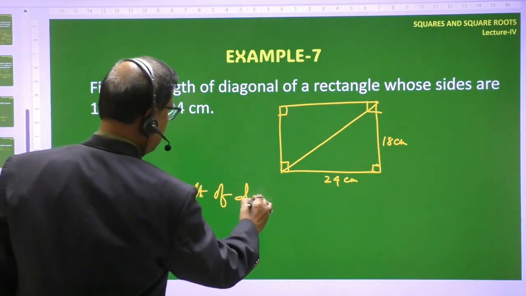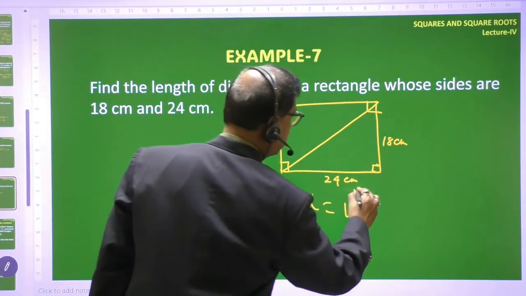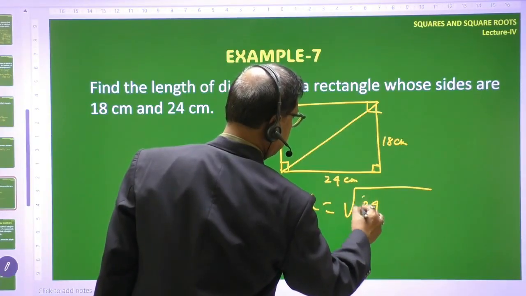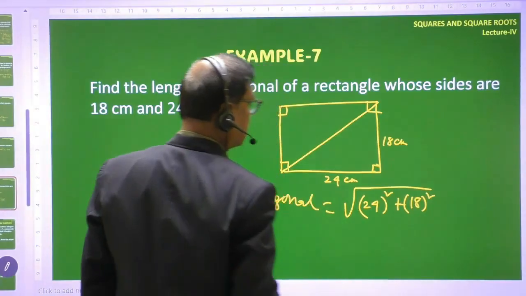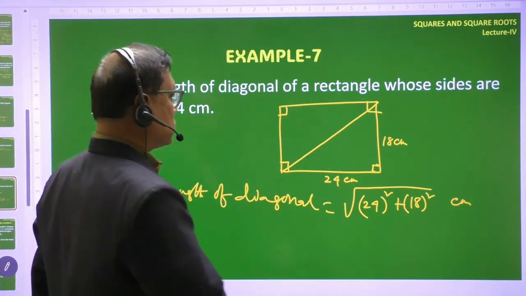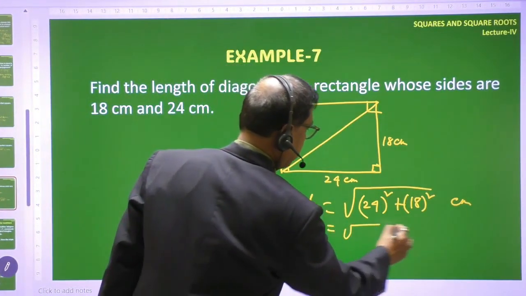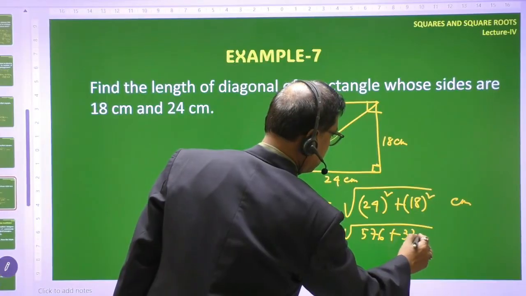So basically the length of the diagonal will be the square root of 24 square plus 18 square, centimeter. So that means 576 plus 324.